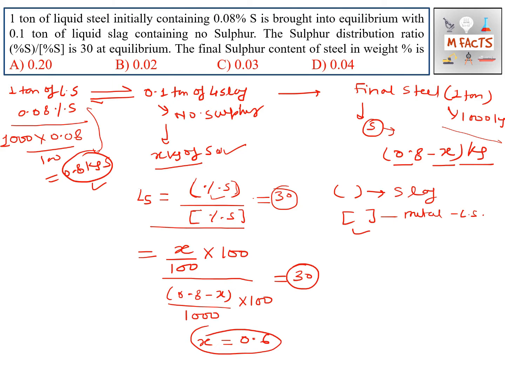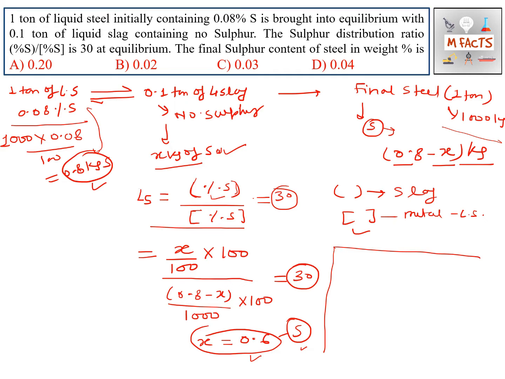So the x value is 0.6. We got 0.6 kg of sulfur, which went into the slag.